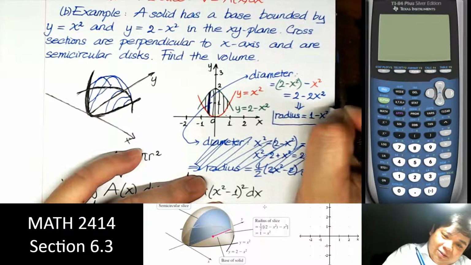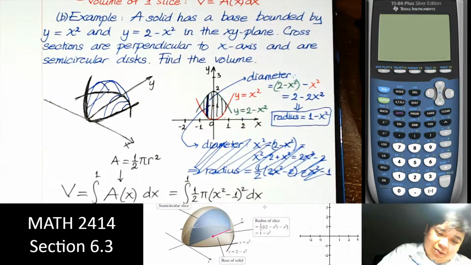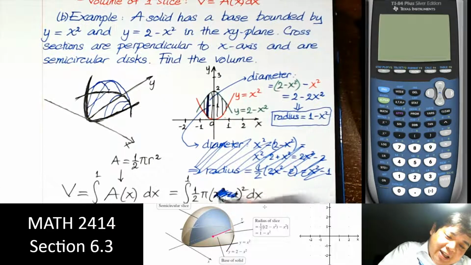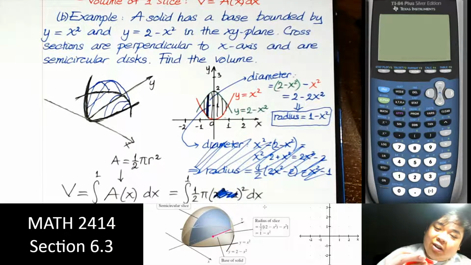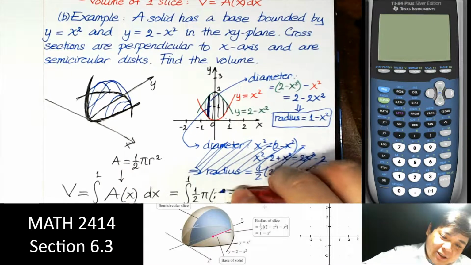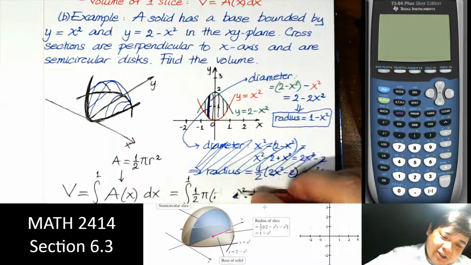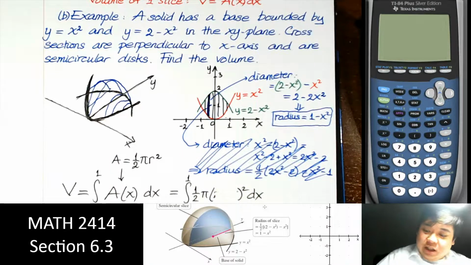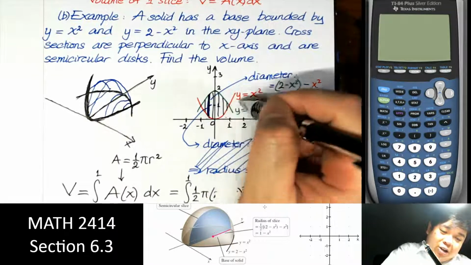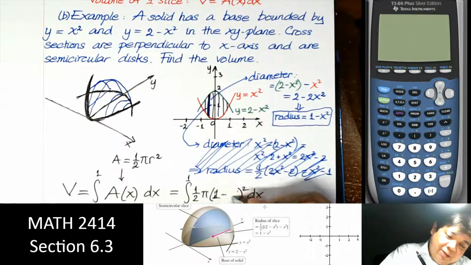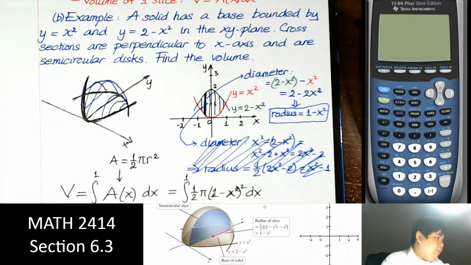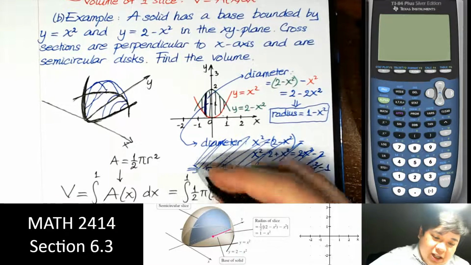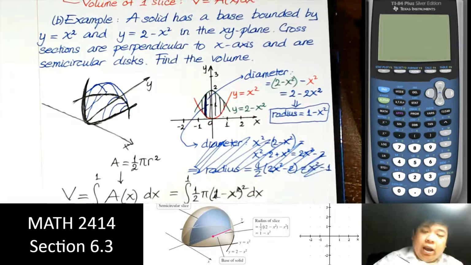Sorry. It's just from the last section we have to know that it is the function above minus the function below. Right, and so that is 1 minus x squared.